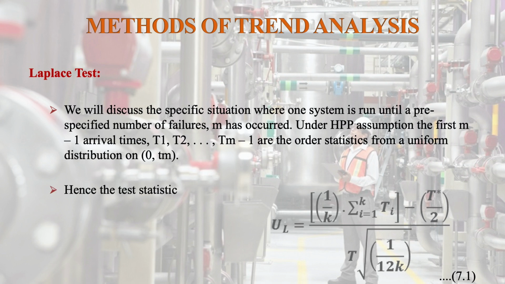Hence, the test statistic is the equation U_L = ((1/K) Σ_{i=1}^{K} Ti − T/2) / (T √(1/(12K))). So this is the equation to find the test statistic.